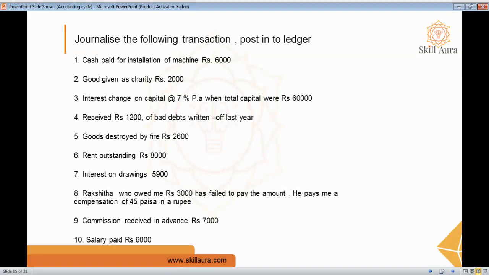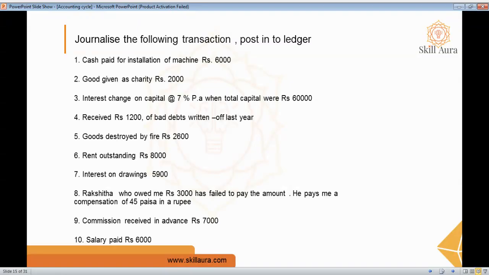And the next one is Rakshita, who owed me 3,000, has failed to pay the amount. She paid me a compensation of 45 rupees. So here you'll have three types of account, that is cash account, compensation expenses account, and account receivable. Here two will be debited and one will be credited.